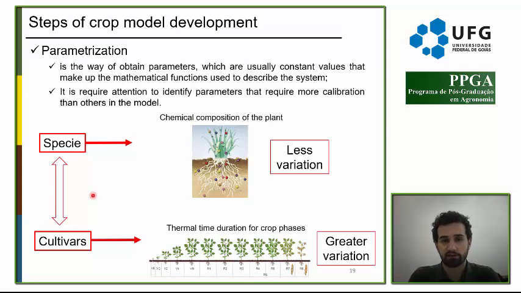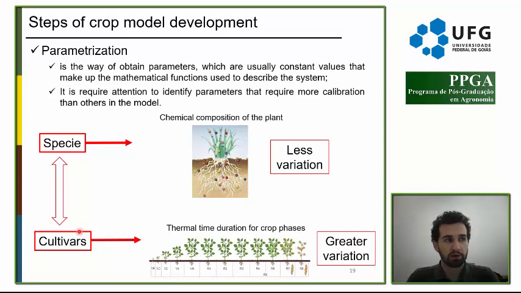And after that, I have the requirement to put values in these parameters to represent our crop or our system. Basically, most models divide the crop into parameters related to the species and parameters related to cultivars.